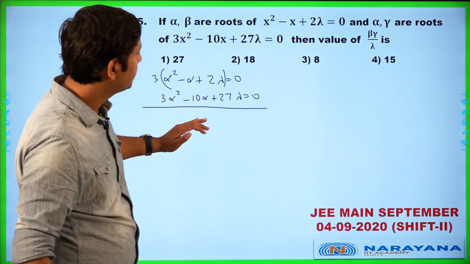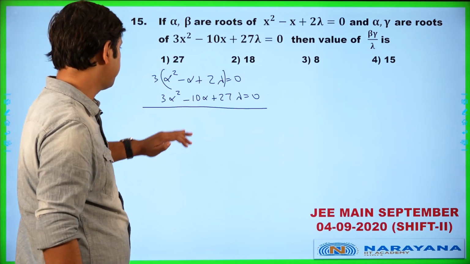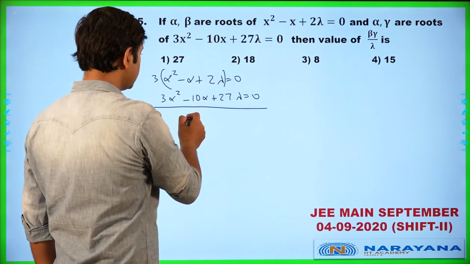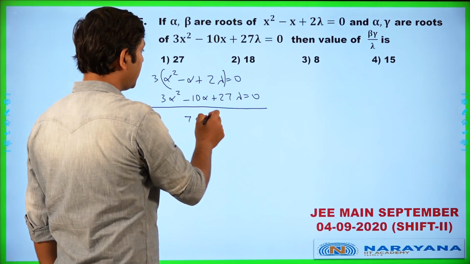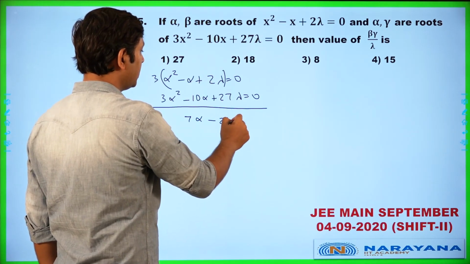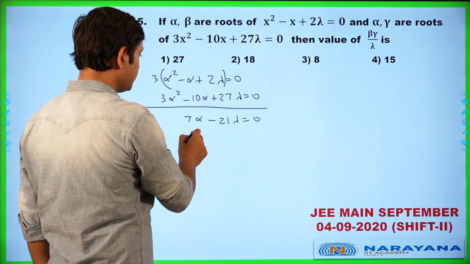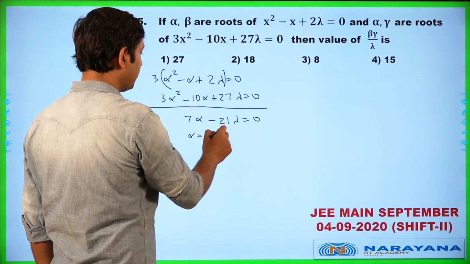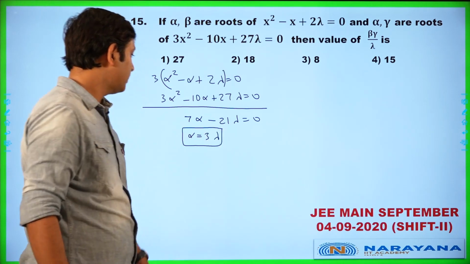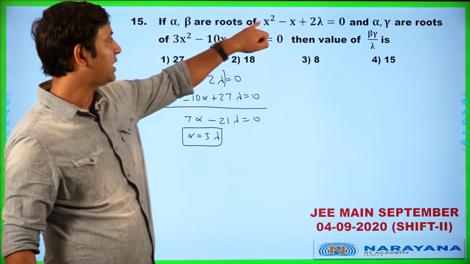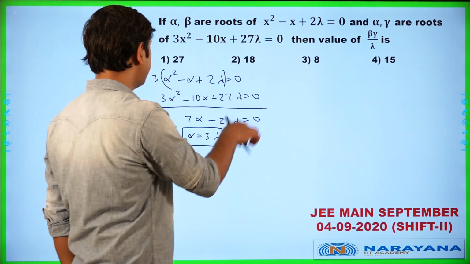Notice that 7 alpha minus 21 lambda will come out to be 0, which means alpha will come out to be 3 lambda. Now again, we know that alpha must satisfy as a root. We'll put 3 lambda back.